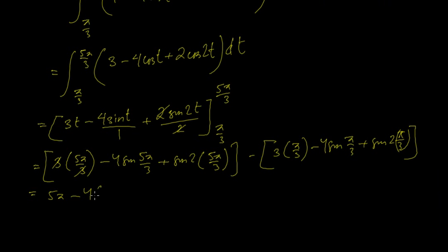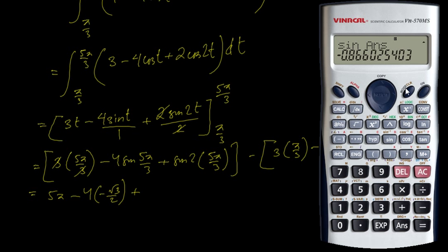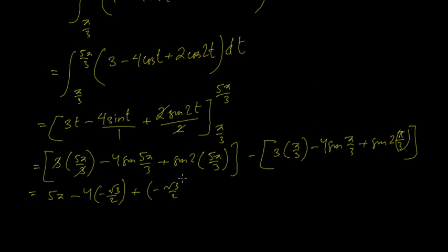So this means minus square root of 3 by 2, plus again 5 pi by 3 into 2. We just calculated pi by 3 is 60 degrees, into 5 is 300 degrees, into 2 is 600 degrees. So sine 600 degrees is minus 0.866, meaning minus root 3 by 2.